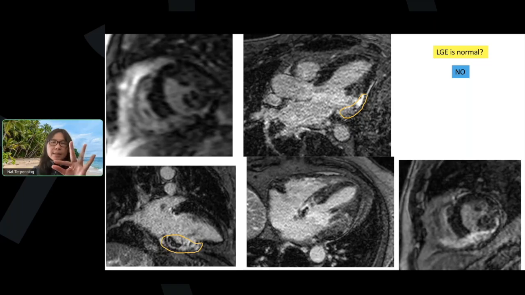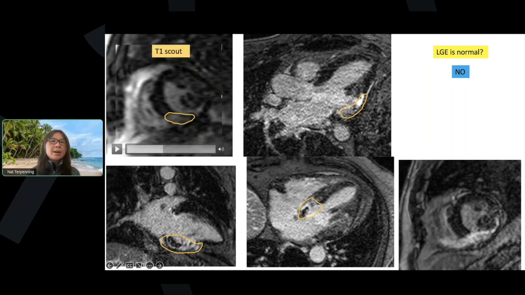The wall thickness looks normal. And then we have a little bit at the basal septum. Even on the TI scout, we pick up something here because it's not dark like a normal myocardium, but it should be null.